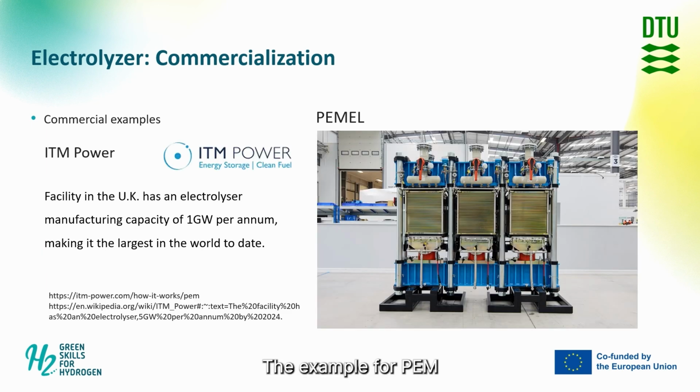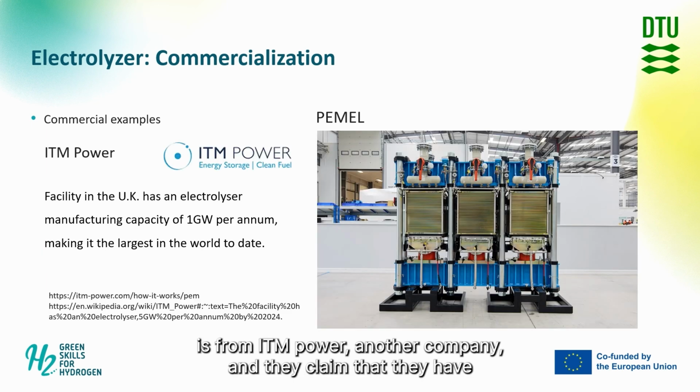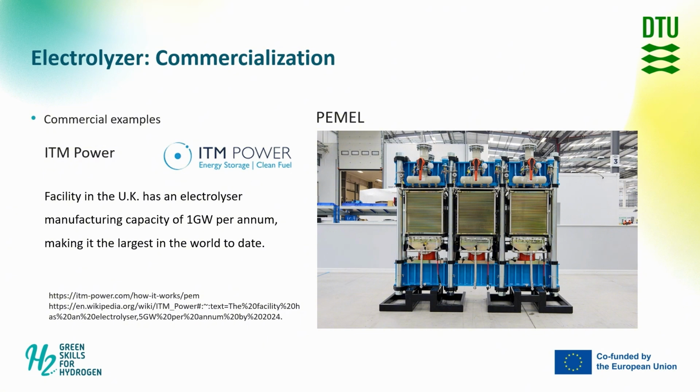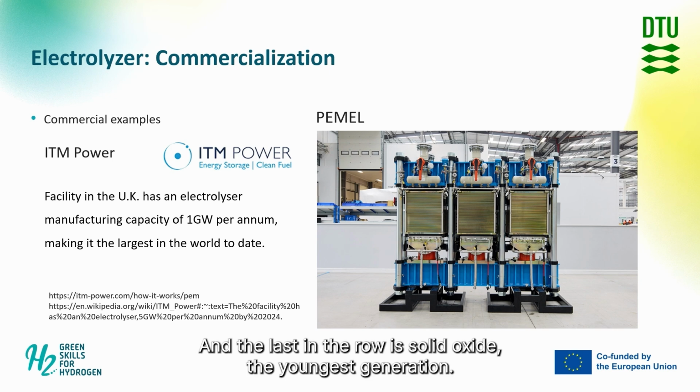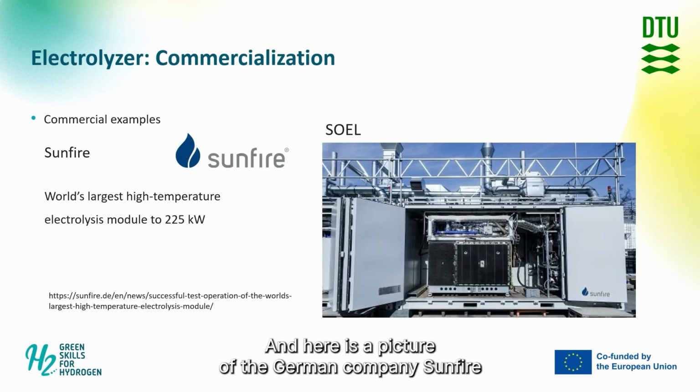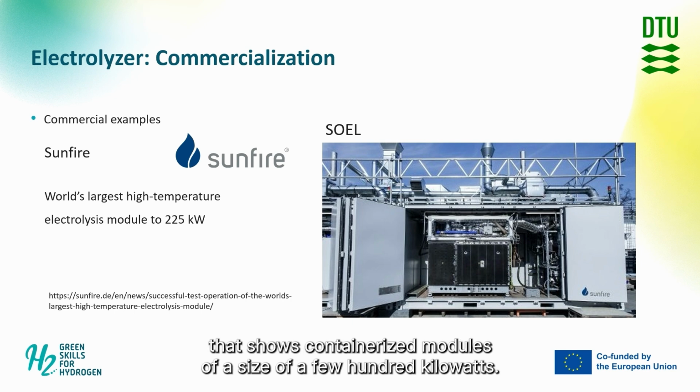The example for PEM is from ITM Power, another company, and they claim that they have the production facility with the highest capacity, so they can make the most electrolyzer units. And the last in the row is solid oxide, the youngest generation, and here is a picture of a German company, Sunfire, that shows a containerized module of a size of a few hundred kilowatts.